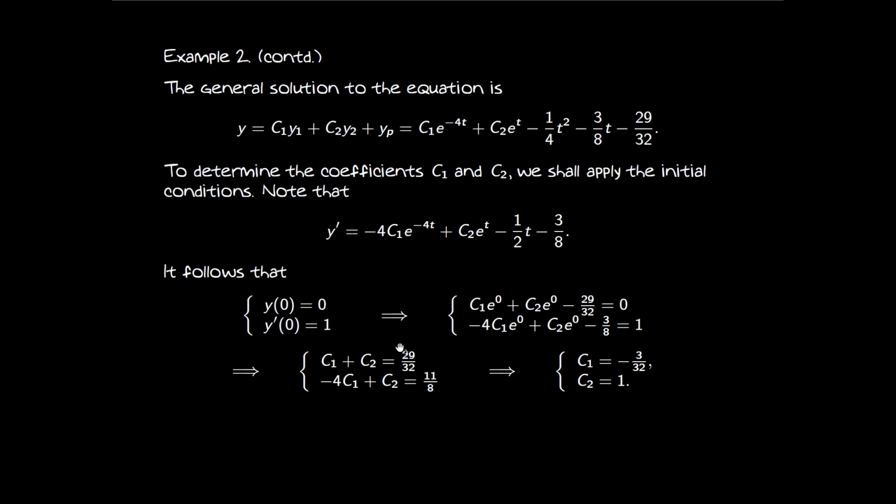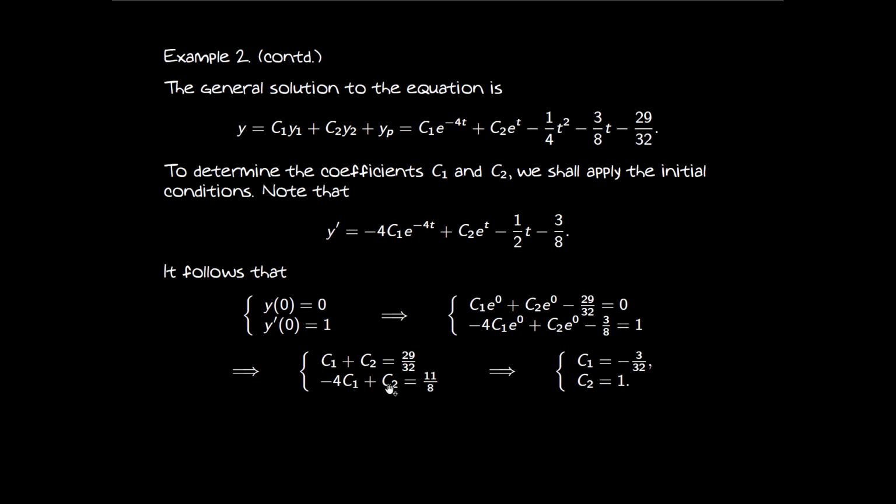For example, if we do elimination, you can use the first equation minus the second equation, and you're going to say 5c1 is equal to, when you use this minus this, 44 over 32, right? So 29 minus 44, you're going to get negative 15 over 32.